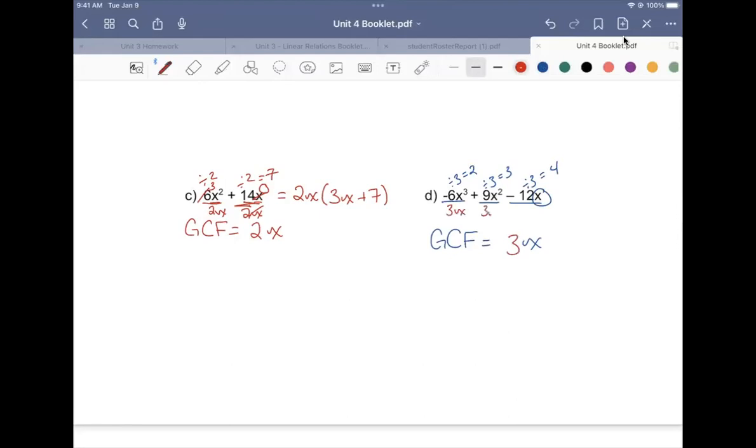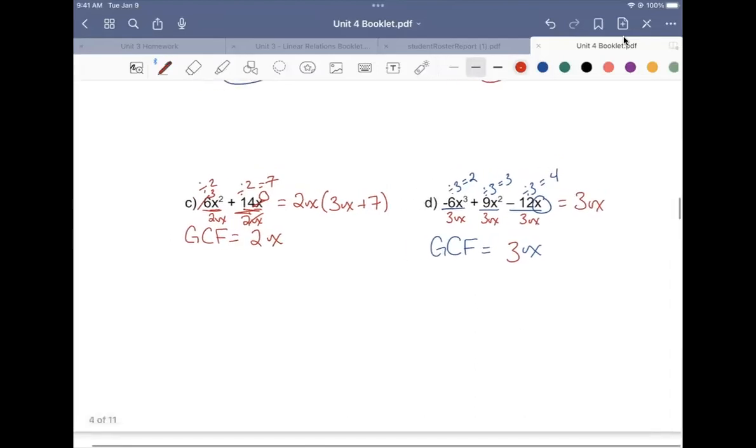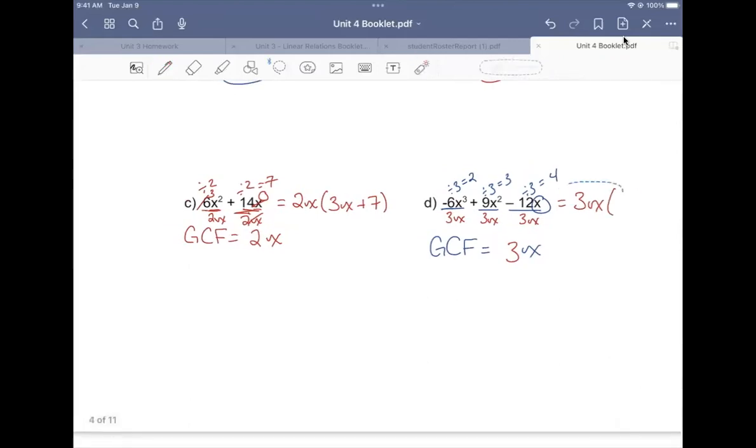So now if I write that out, I want to divide all three terms by 3x. That's going to go outside of my bracket. I'm going to have to move this down a little bit. Negative 6x cubed divided by 3x is going to give me negative 2x, since x to the 3 minus 1 is 2.